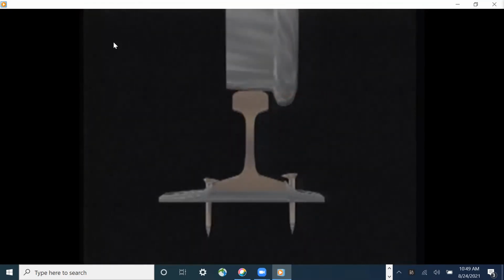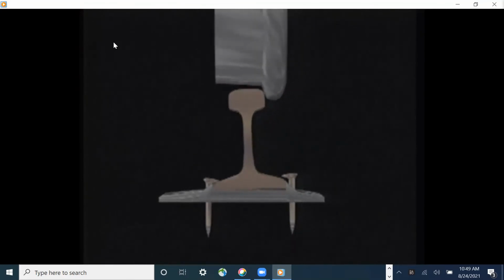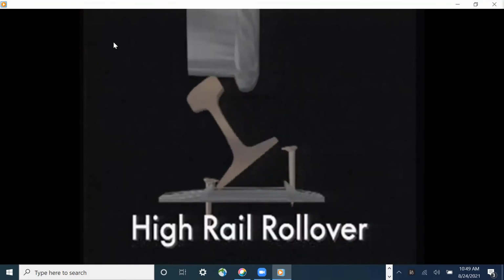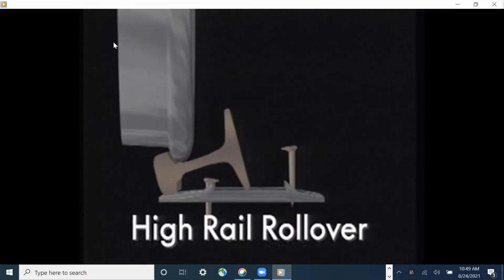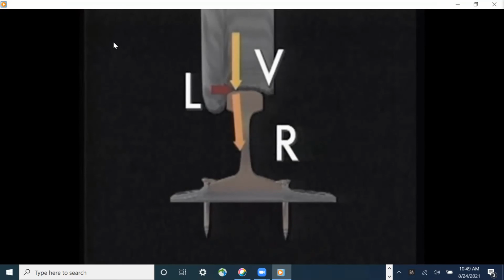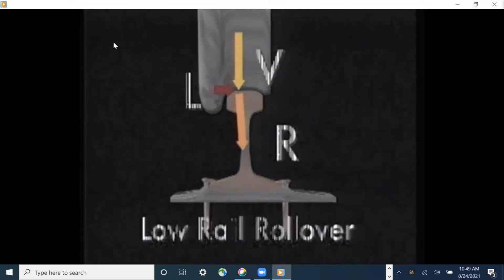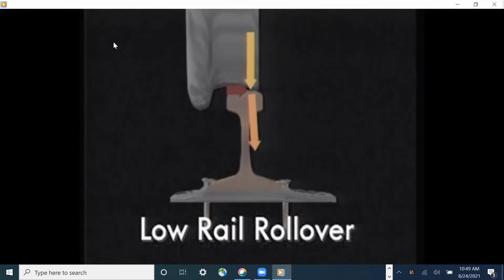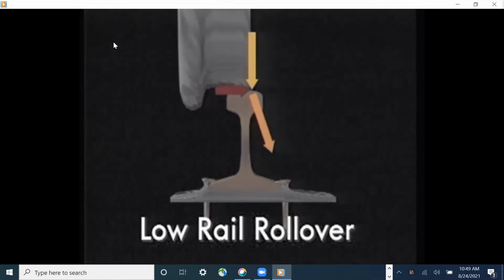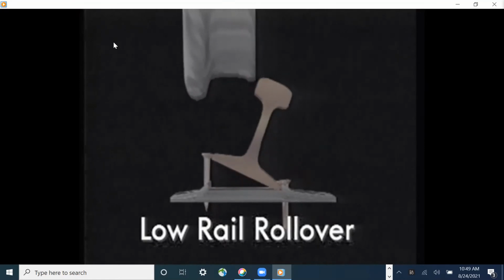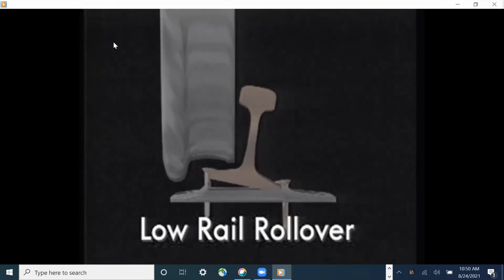On the high rail, the increased lateral loading increases wheel flange contact, which encourages wheel climb and rail rollover. On the low rail, if the L over V ratio increases beyond a certain limit, and especially if the load bears on the outside portion of the railhead, as happens when wide gauge exists, the low rail will tip, permitting the wheel to drop.